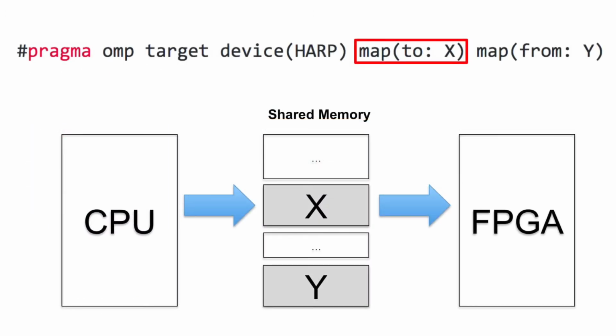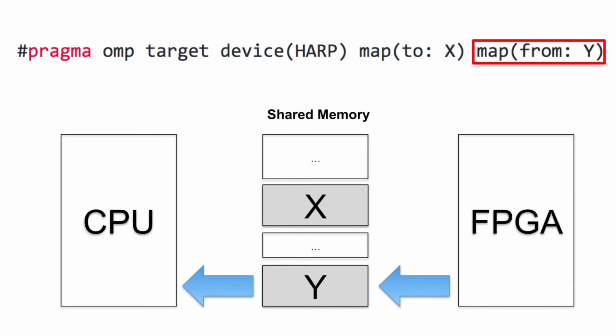The map clause with argument to:x will copy the information from array x to a shared memory. The FPGA will retrieve this information of x.